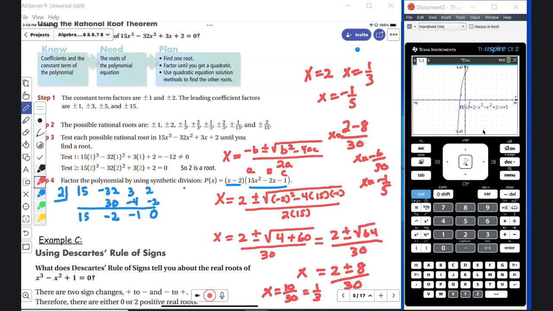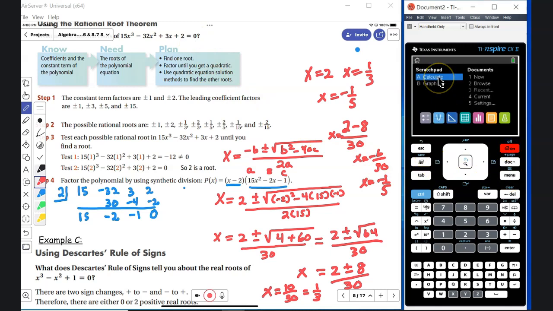Now, you could check graphically. You can also check using the calculator, which I'm going to do right here. I'm going to substitute into the polynomial, and if I get 0, then I know it's a 0.